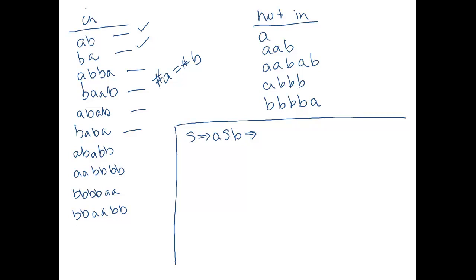Our current grammar can't handle this. Why? The only thing I can do here is replace the S with either AB, which would make AABB, or it's going to make ABAB, right? So I can't get ABBA with my current grammar.